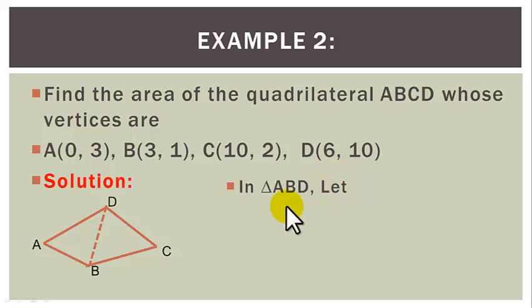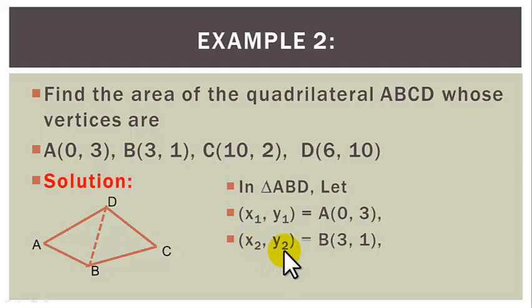In triangle ABD, let (x1, y1) be the vertex A with coordinate (0,3), (x2, y2) be the vertex B with coordinate (3,1), and (x3, y3) be the vertex D with coordinate (6,10).